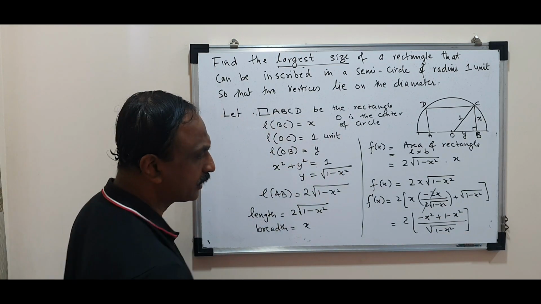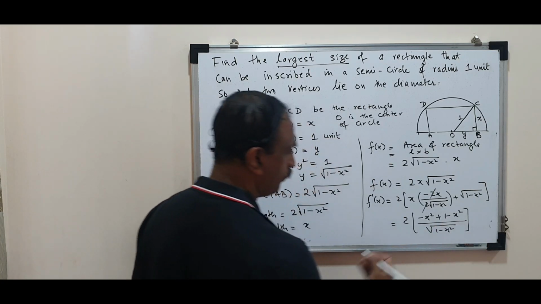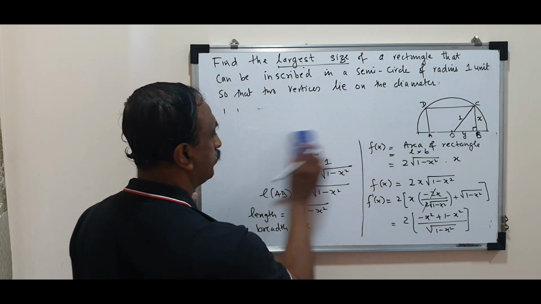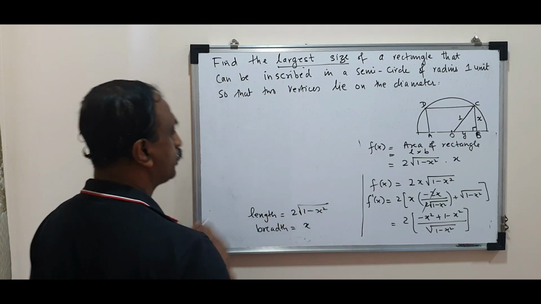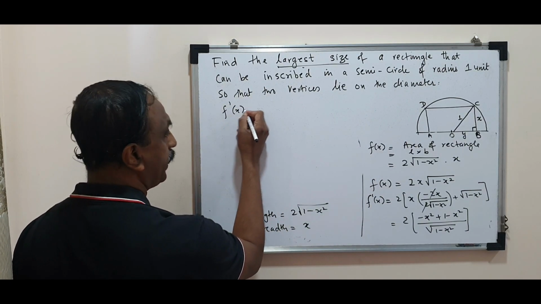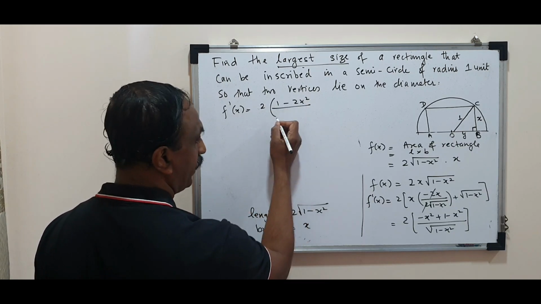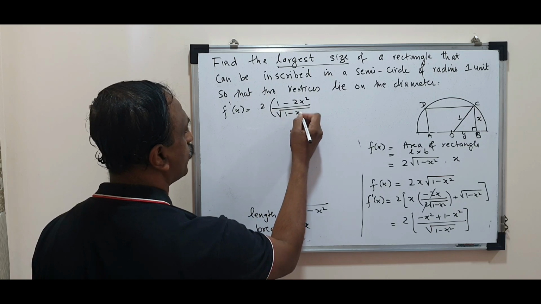So I can write this as 1 minus 2x square. So f dash of x now became 2 times 1 minus 2x square divided by root of 1 minus x square.